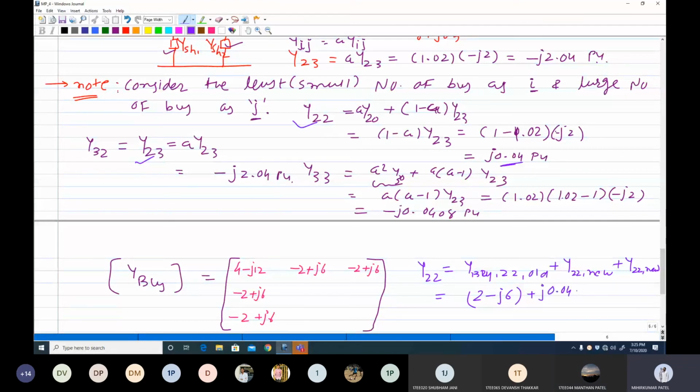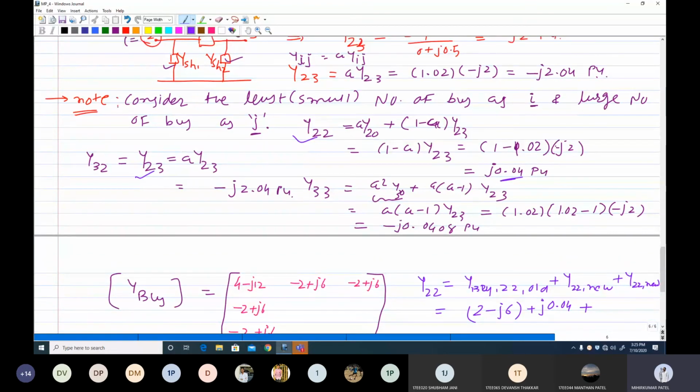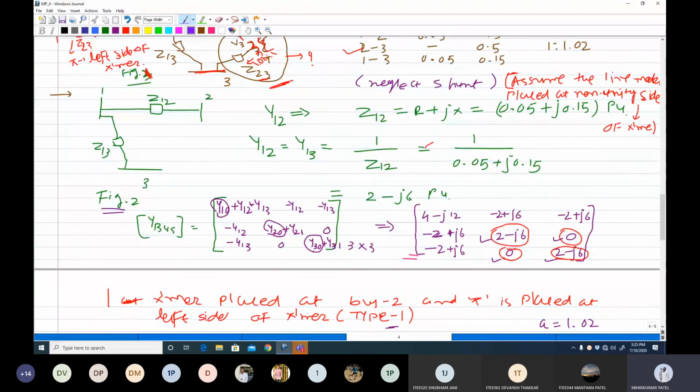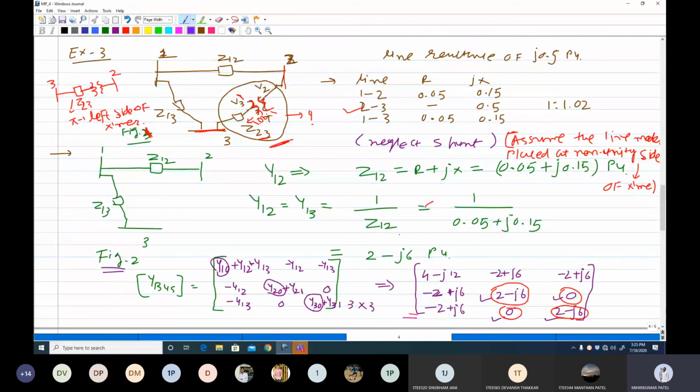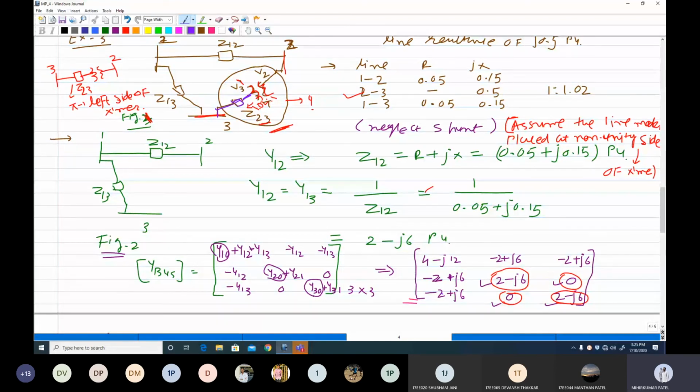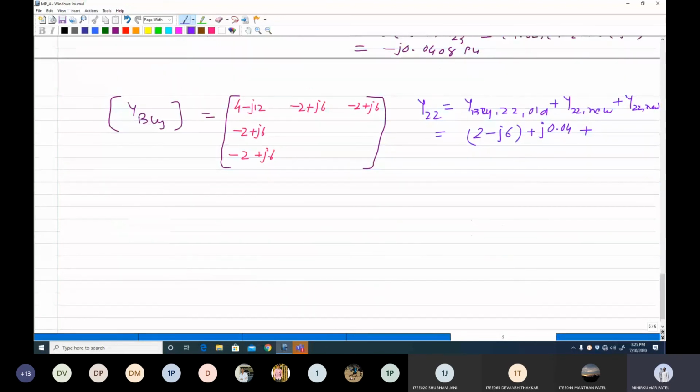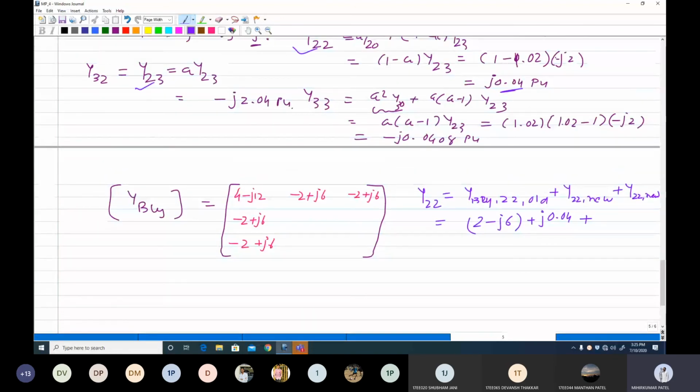j0.04 plus the transfer admittance. I am talking about this transfer admittance, that means Y23 between bus number 2 and 3, which is offered by this transmission line. So what is the value after introducing the transformer?